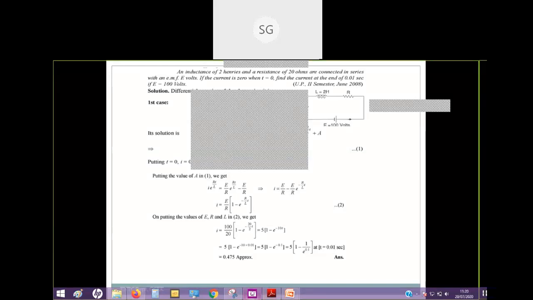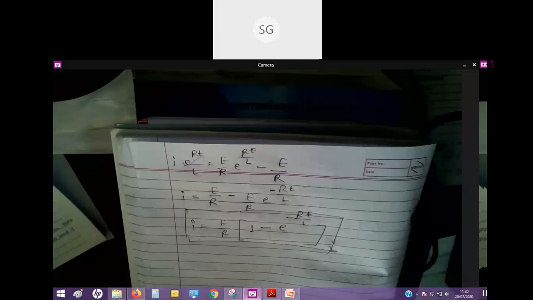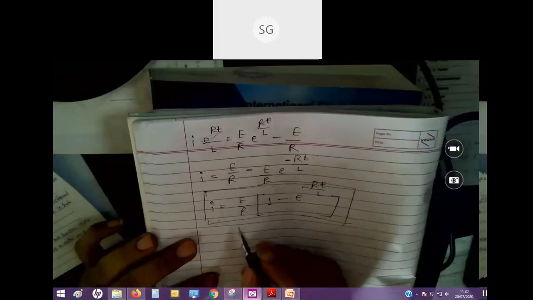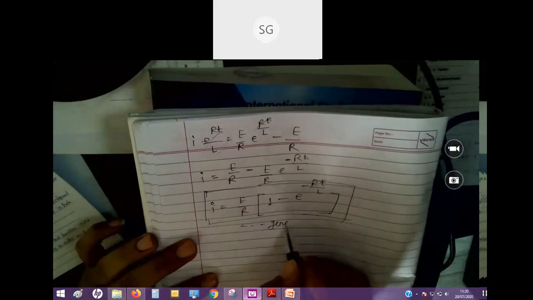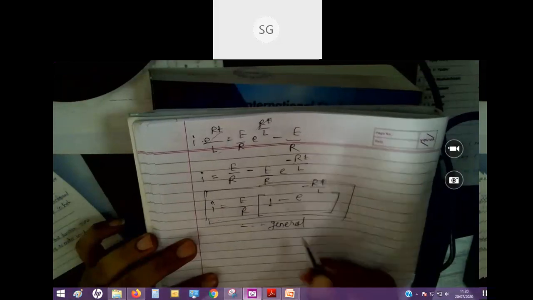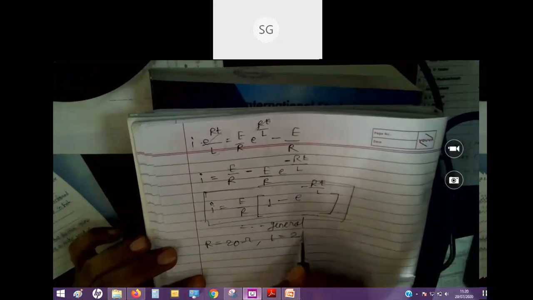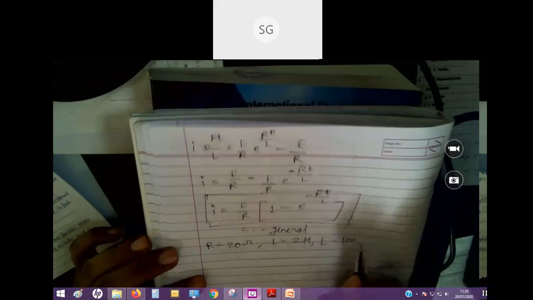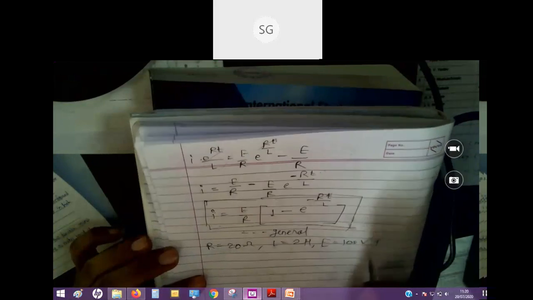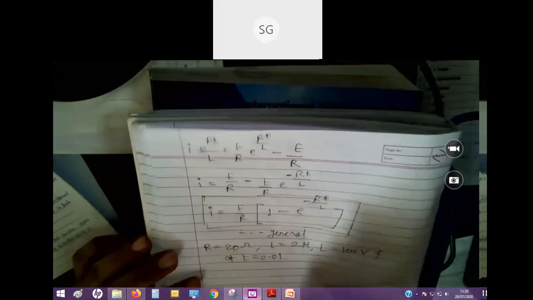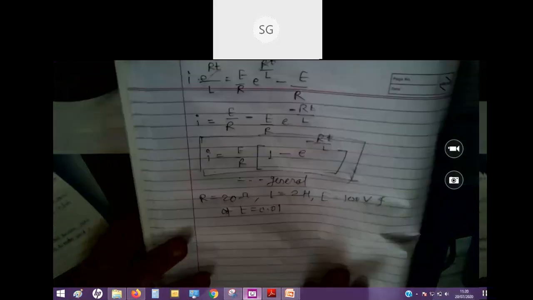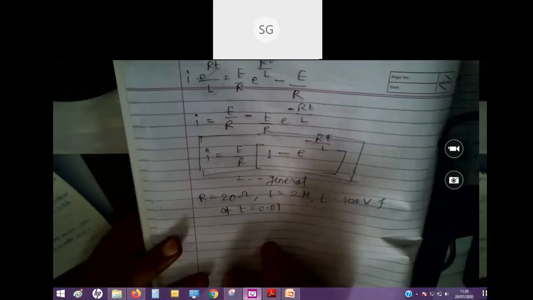Now we'll go to the camera again. This is the general solution, please remember. If we put the values given by them, R is 20 ohm, L is 2 henries, E is 100 volts, and t is 0.01, we will get the particular solution of this question.